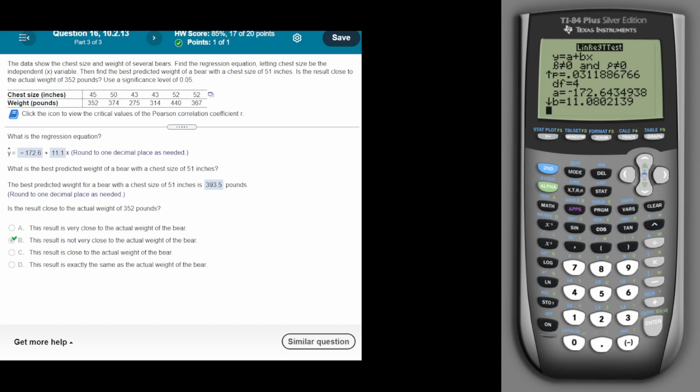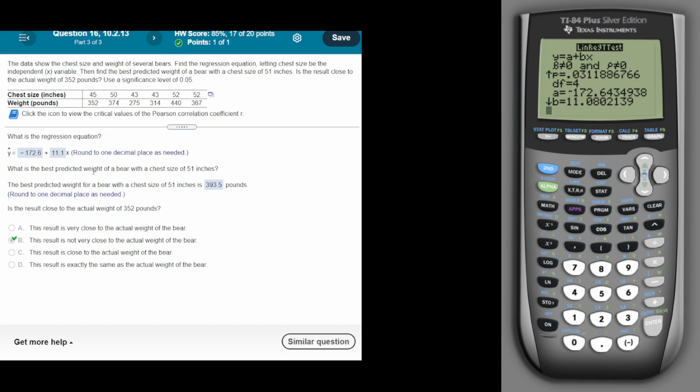Not trying to be funny, but I'm being serious as well. The answers are here. If you go to LinRegTTest after putting in your data, you can't go wrong. Your b is always next to your x, so that's your slope, and it's positive 11. They wanted one decimal place for both, so that's 11.1.